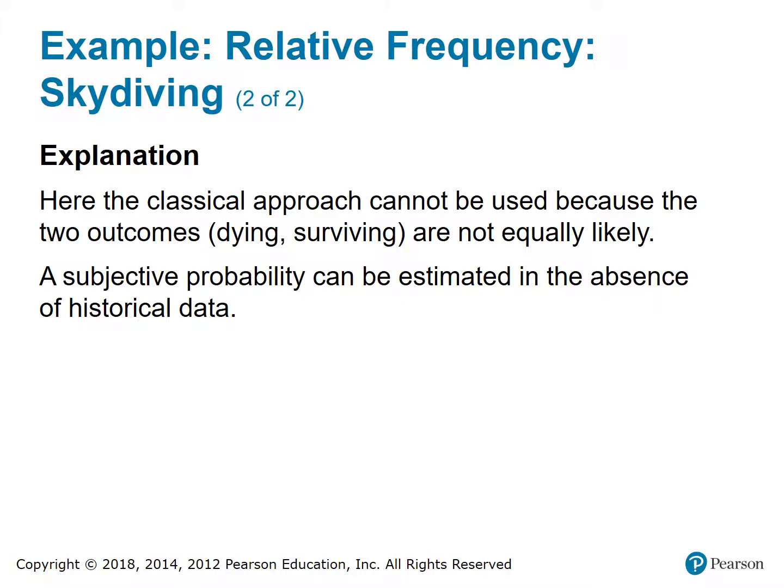And here you always have to assume the classical approach cannot be used because the two outcomes are dying or surviving. Real fast, does anyone remember what is the classical approach? The classical approach is when you take the number of outcomes divided by the single outcome. So if we took the classical approach, you would either live or you'd die. Those are the two outcomes, and that would be our sample space.